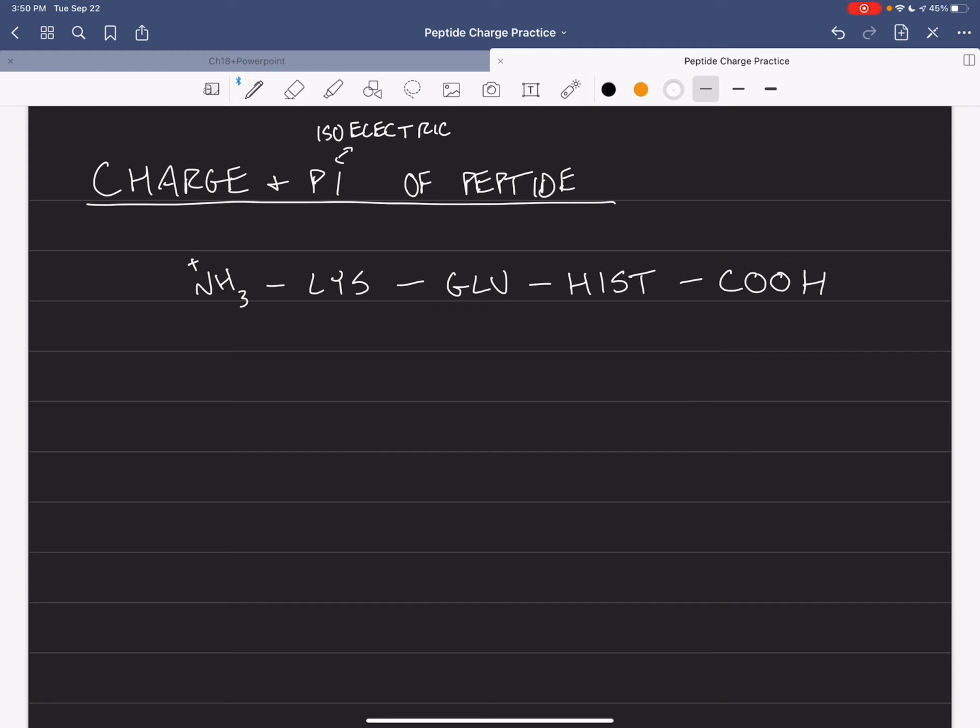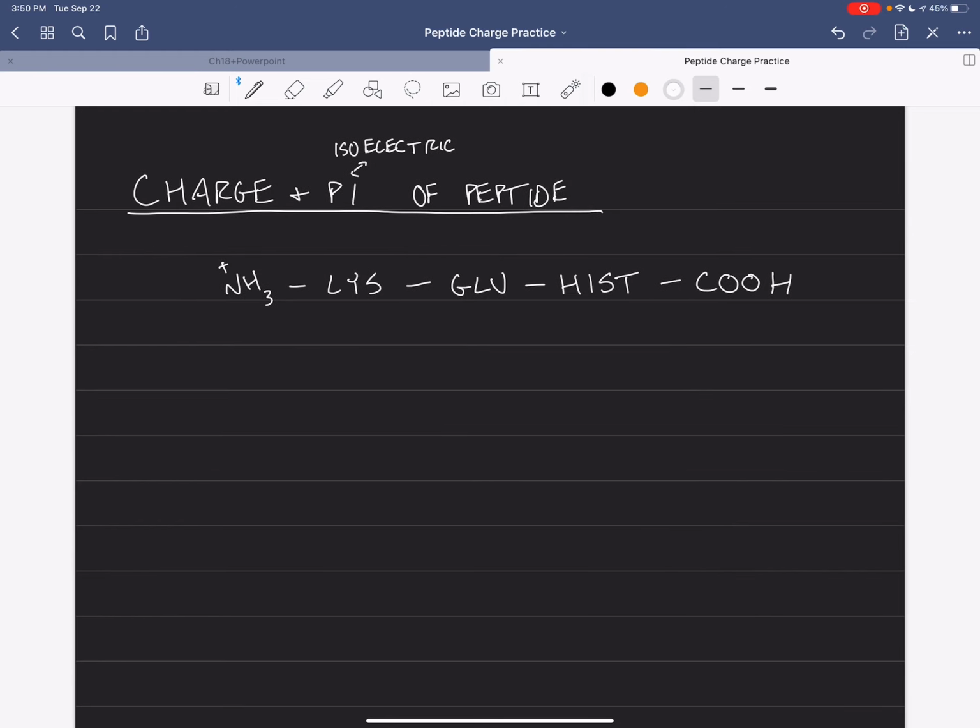Okay, so remember, you have to remember the list of amino acids that we need to remember the pKa's for. We have our positively charged amino acids, our last heckin' aminos, which are lysine, histidine, and arginine.